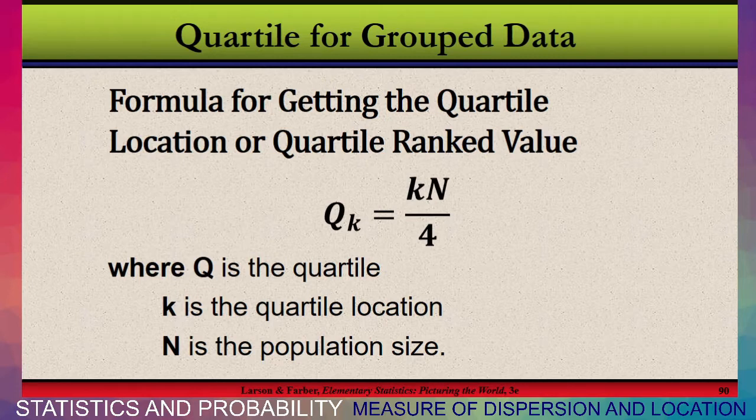Di ba kapag sinabing group data, yung ating data ay naka-frequency distribution table, meron tayong class limits and the frequency. Then, meron tayong CF. Kung ikukumpara natin sa median, ganun din naman yung table niya or frequency distribution table na ginagamit niya. Nag-iiba lang talaga yung formula. Okay? So, formula for getting the quartile location or quartile rank value.